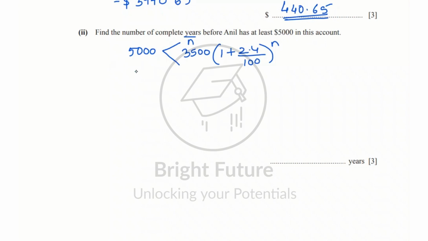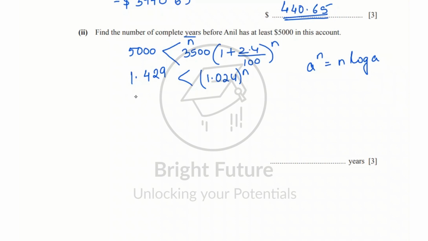So let's calculate. So we get 1.429 is greater than 1.024 whole raised to n. So over here you can take logs. We can use log a raised to n is equal to n log a. You can use your calculator with ln and you get the values.